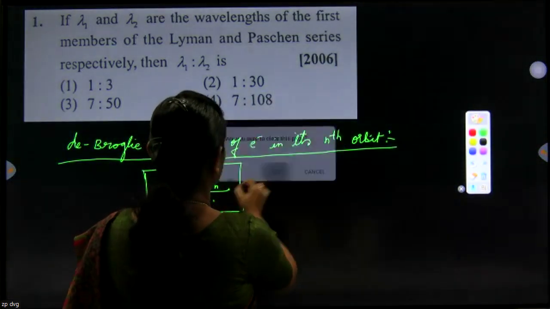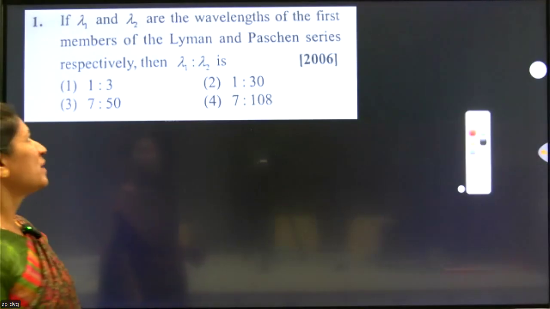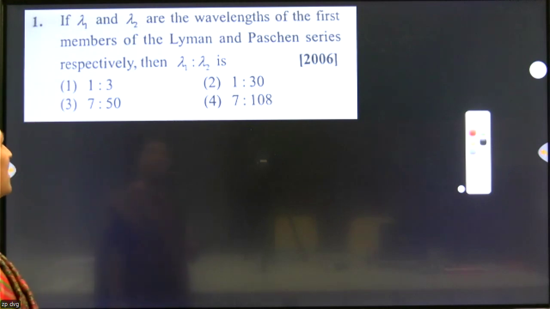Okay, here the first question is: if lambda 1 and lambda 2 are the wavelengths of the first members of the Lyman and Paschen series respectively, then lambda 1 is to lambda 2 is? We know that Lyman series is due to the transition of an electron from any higher state to the first orbit.